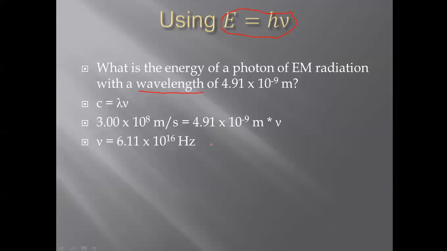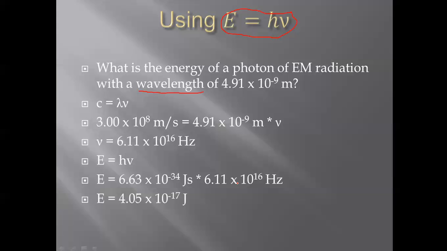So now that I know that frequency, I can use this equation, and I basically just need to multiply that frequency times Planck's constant. So popping in Planck's constant here, popping in the frequency here, multiply the two together, we get 4.05 times 10 to the negative 17th joules.